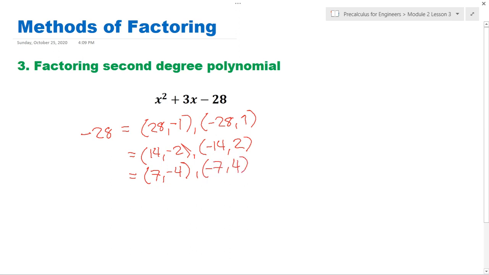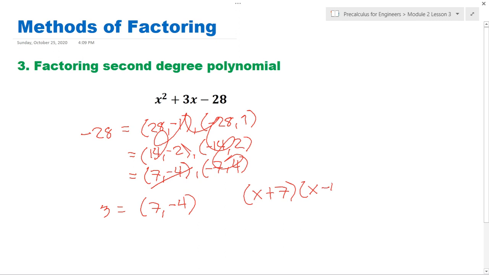But see to it that their sum is equal to 3. So let's try picking here. I choose 7 and negative 4 because it is the only factor pair that will result to 3. So this is the one you choose, not this. Therefore you can write 7 and negative 4. So our factor would be x plus 7 then x minus 4. So this would be our final answer.